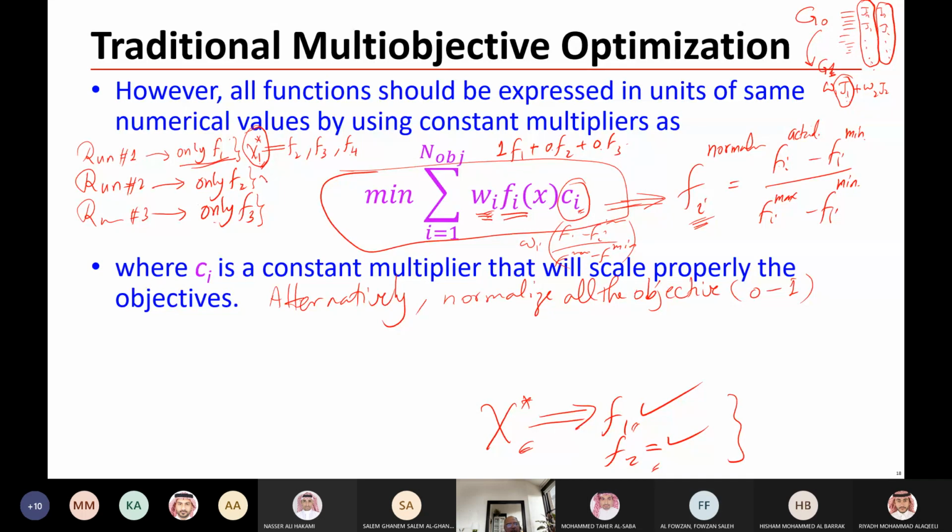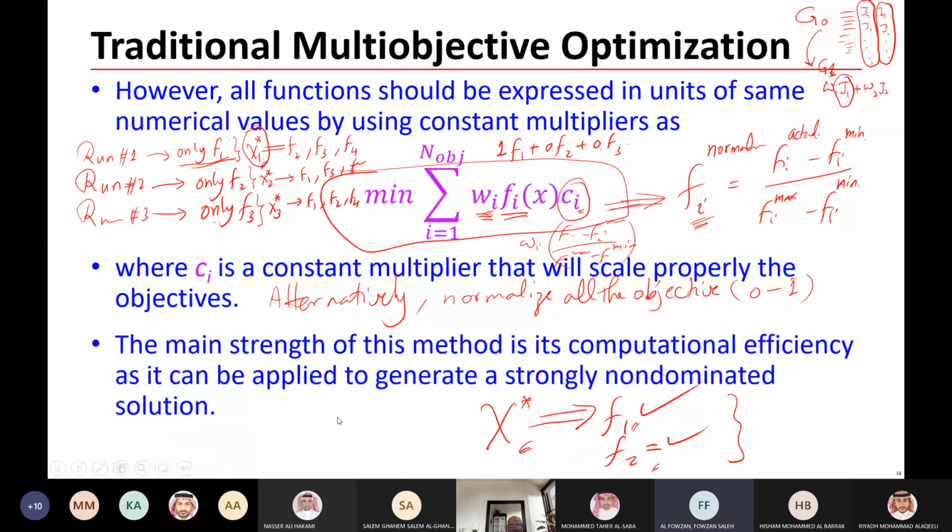For the next one, you have the optimal solution and then calculate F1, F3, F4, and so on. So in the optimization, you consider only one objective as your target, and after getting the optimal solution, you can calculate the corresponding objectives. Is it clear? Yeah, clear. Okay.